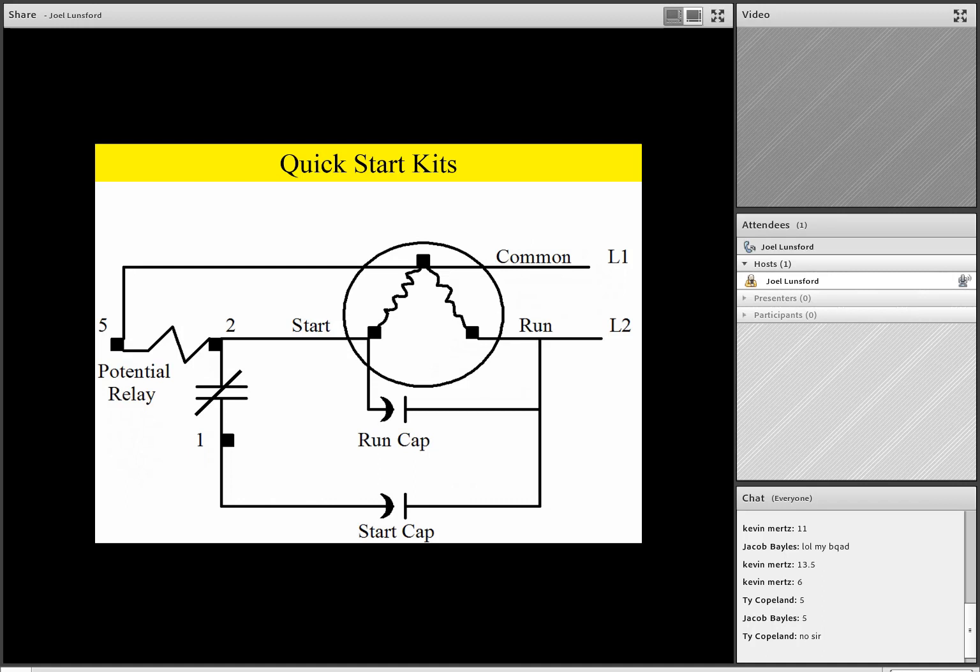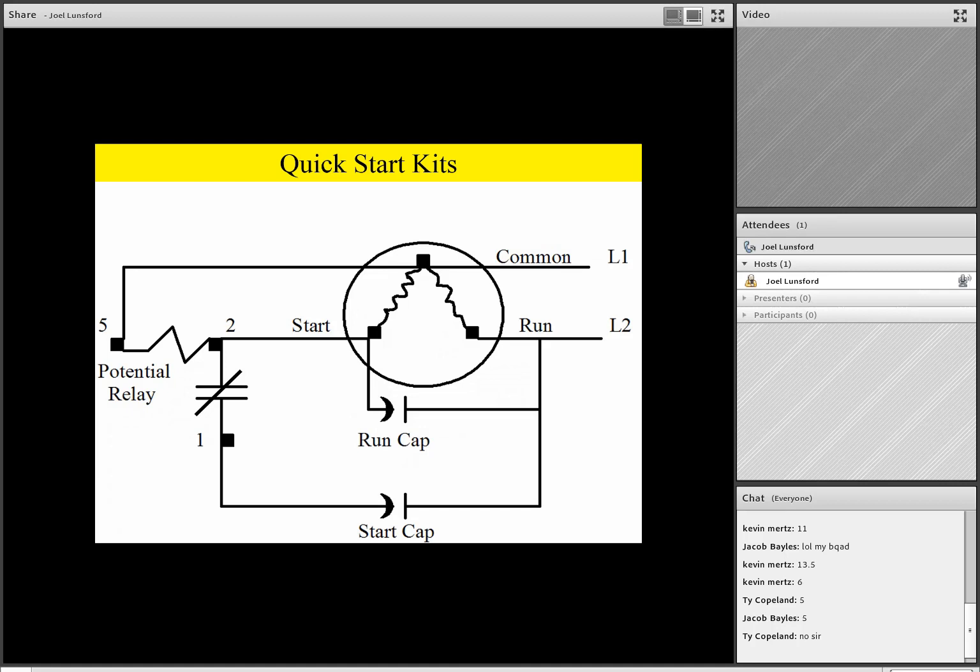So looking at the block diagram, we see that we have power L1 and L2 going into the compressor, common and run terminals. In addition, we have a run capacitor that's permanently wired between the start terminal and the same power source or the same side of the line that's feeding the run terminal. Now, when we put a hard start kit, also called a quick start kit, on, we're installing an additional start capacitor and a potential relay.